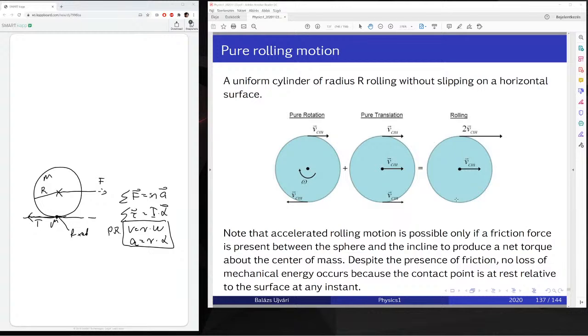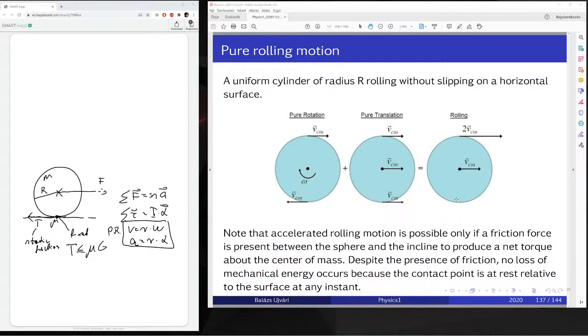For that, if it's fixed, that's a static friction. Static friction means another condition. It's true only if the force is smaller than mu times the perpendicular force. In this case, this is the weight.